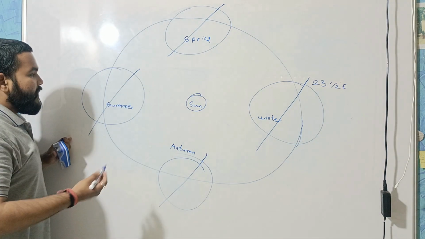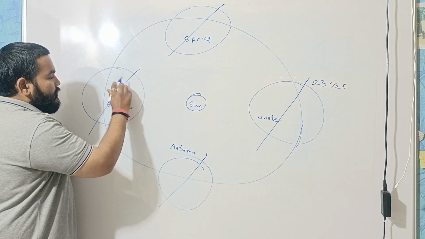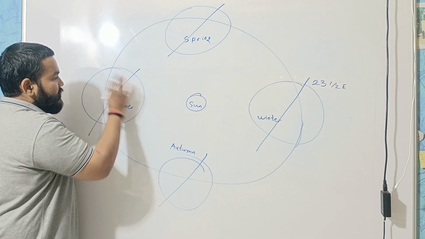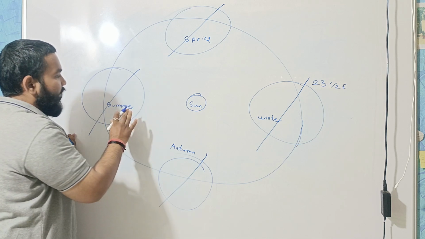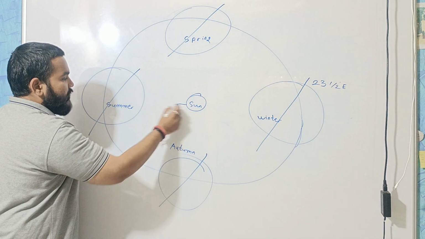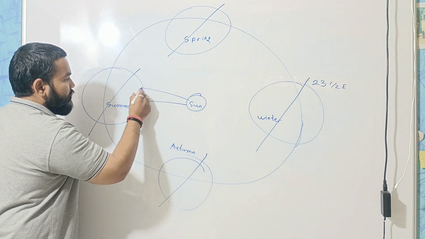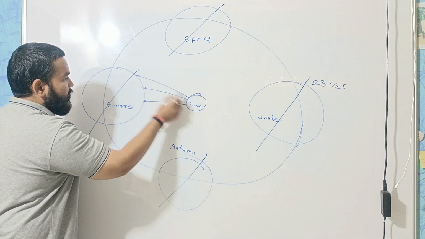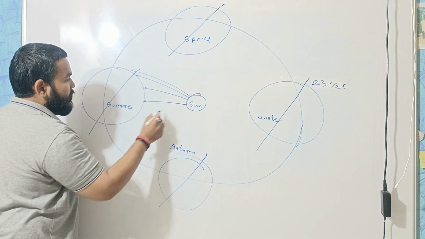Just imagine the Earth tilted in such a way at 23 and a half degrees, with sun rays coming to this part, then this part, then this part, and somewhat this part.